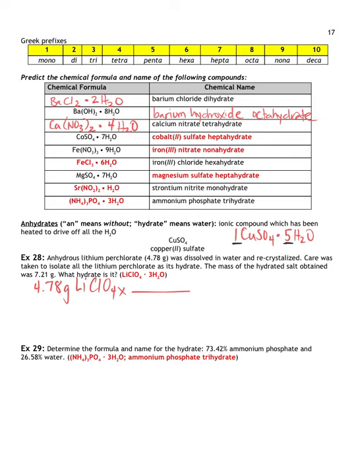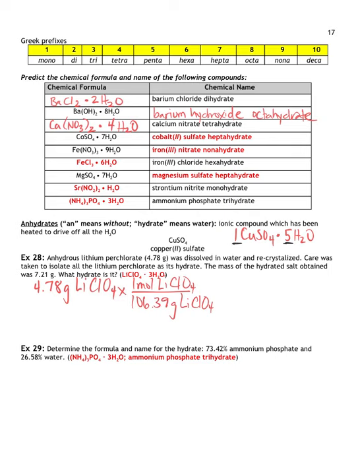The mass of chlorine is 35.45. The mass of each oxygen is 16, times 4. I get a molar mass of 106.39 grams. So 1 mole of lithium perchlorate has a mass of 106.39 grams.